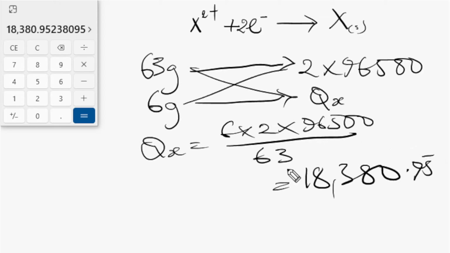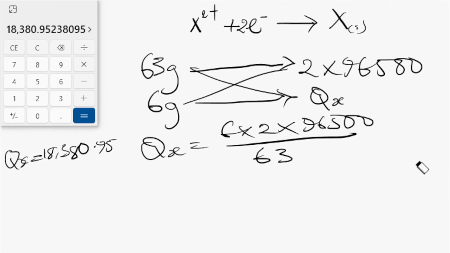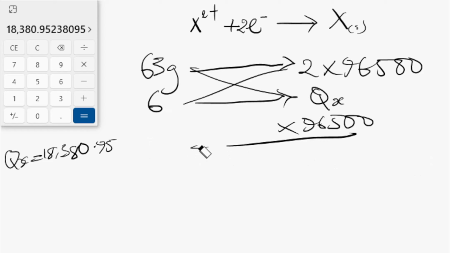So we're going to write this down here separate. So let's call this 18,380.95.